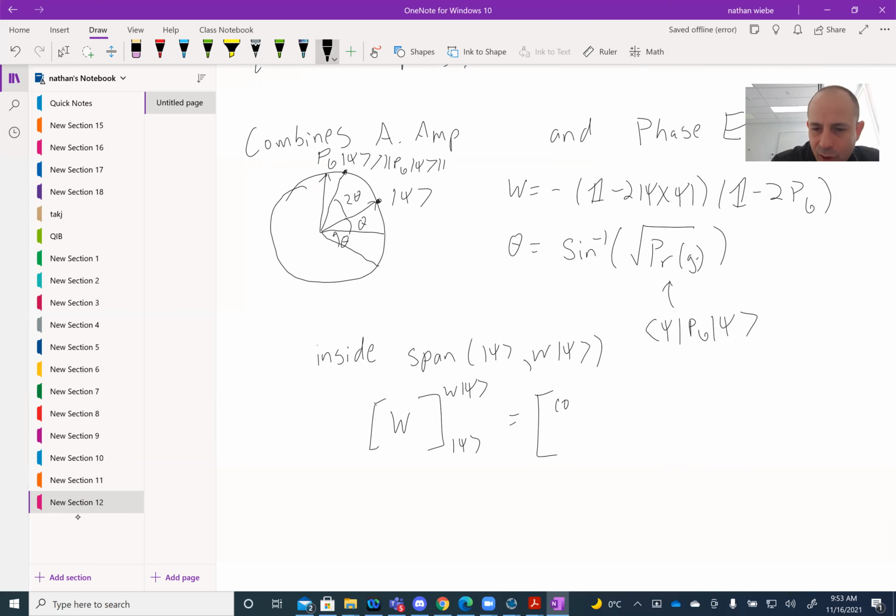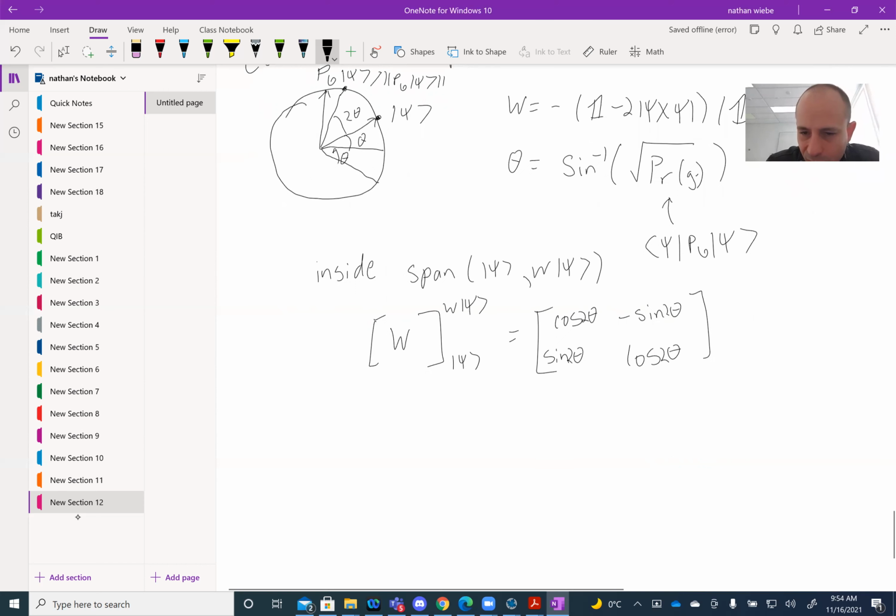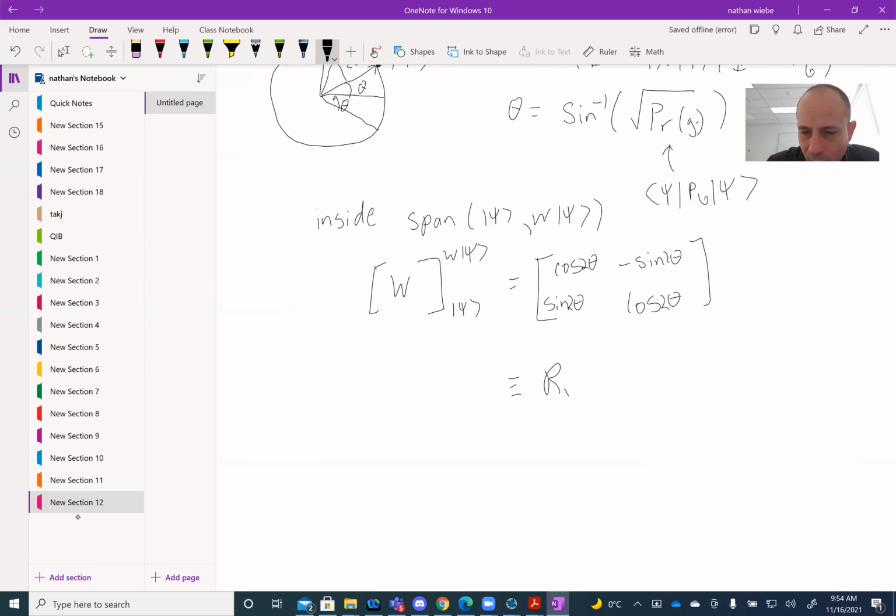This is actually equal to cosine theta, sine theta, minus sine theta, cosine theta. Actually, I think I mean 2 theta over here. Wonderful. So this is our walk operator. And this is actually equivalent to applying a y rotation through an angle, annoyingly, of 4 theta inside the subspace psi, walk psi.